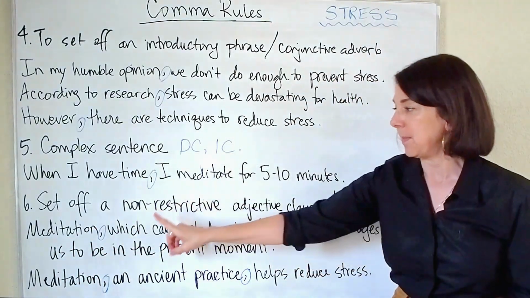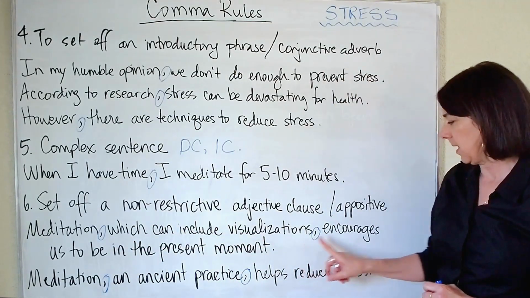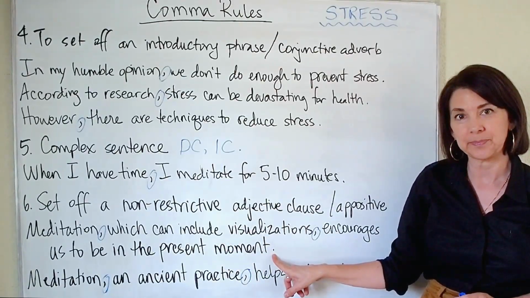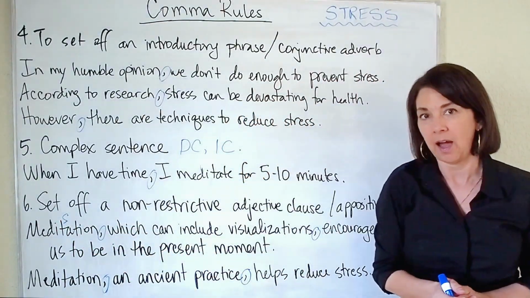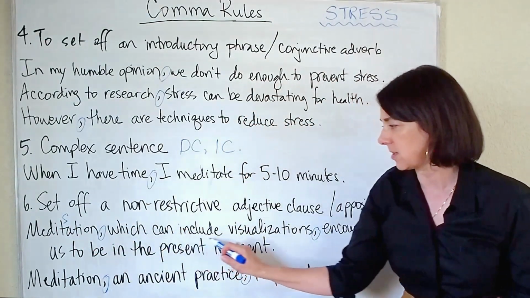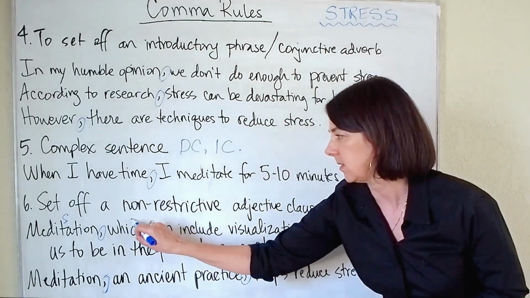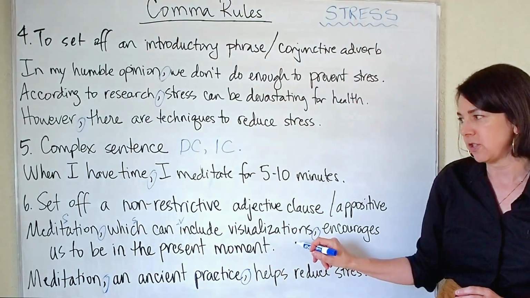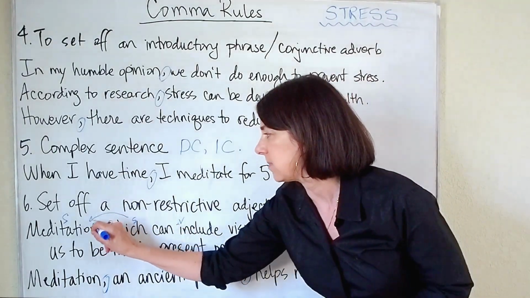For example, meditation, which can include visualizations, encourages us to be in the present moment. Okay, so the subject here is meditation, that's a noun, and then we have this adjective clause, which can include visualizations. So this is the subject of this little clause, and this is the verb, visualizations, okay? This adjective clause describes meditation.